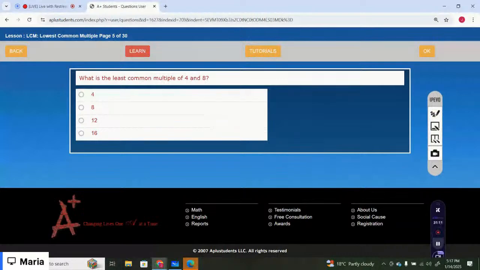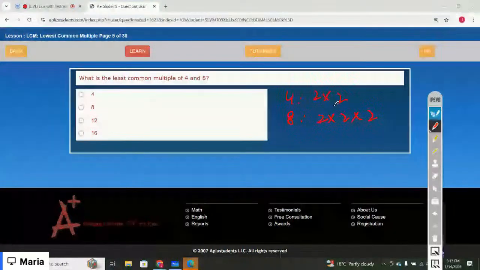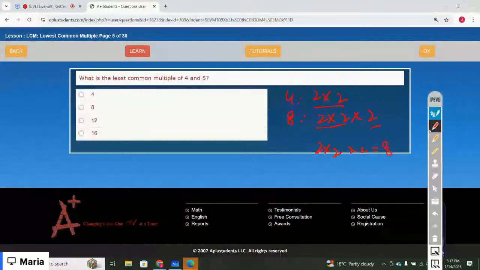What is the least common multiple of 4 and 8? These are the common multiples and the non-common multiple. That is 8.